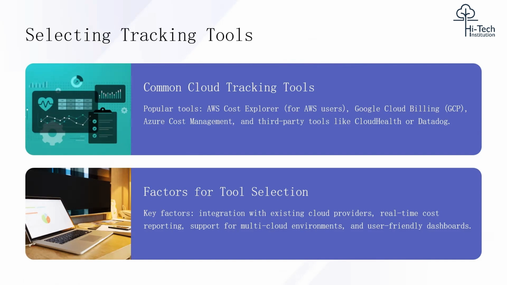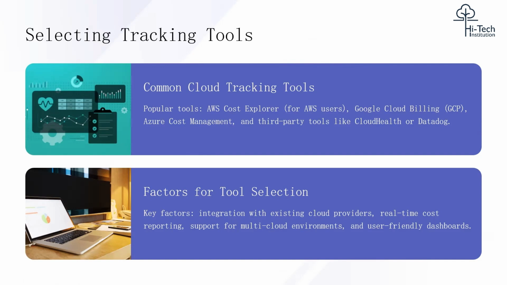If your users are in GCP, there we have Google Cloud Billing. Similarly in Azure, we have Azure Cost Tracking. We also have third-party tools like CloudHealth or Datadog. These tools show service-wise cost, trends, forecasts, and daily spending.